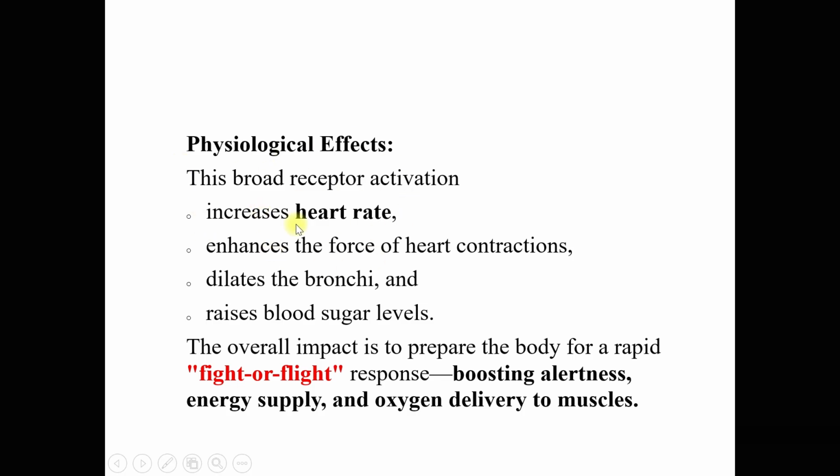The physiologic effects of epinephrine are that it increases heart rate, enhances the force of heart contractions, dilates bronchi, and raises blood sugar levels. The overall impact is to prepare the body for a rapid fight or flight response, boosting alertness, energy supply, and oxygen delivery to muscles.